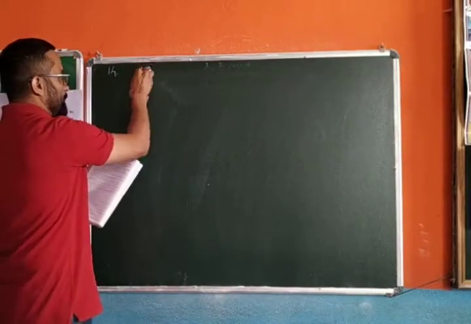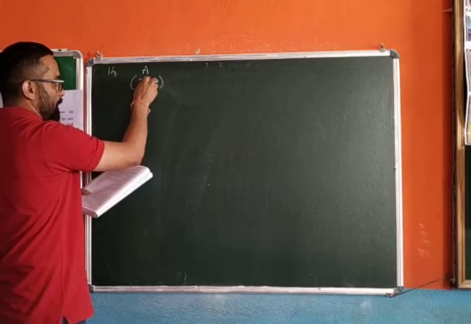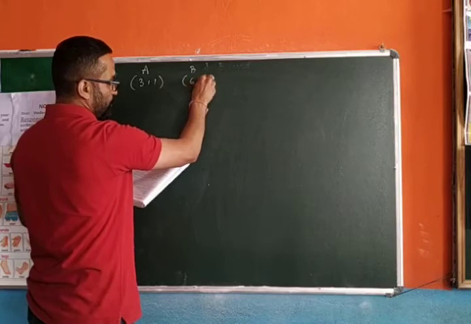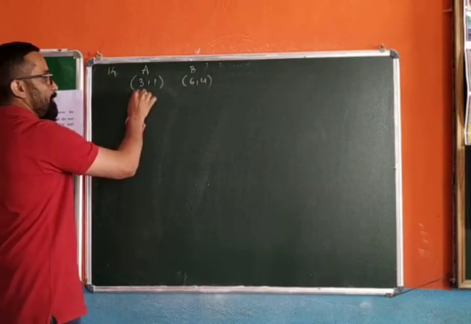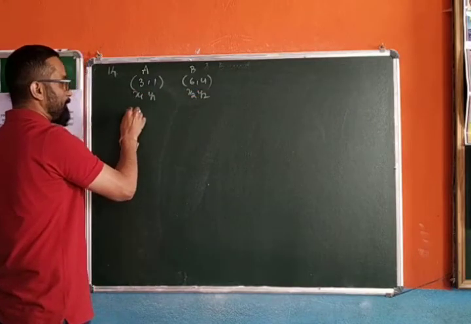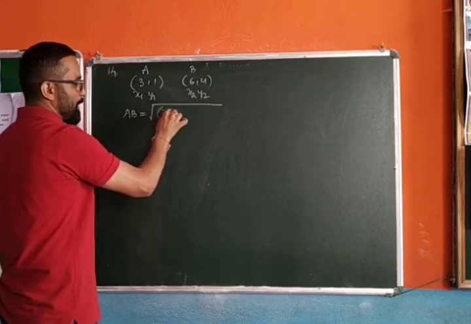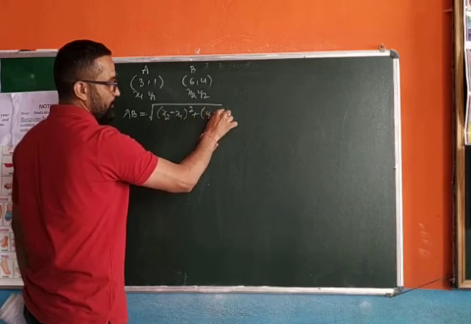First we write AB. Coordinate of A is 3, 1. Coordinate of B is 6, 4. We find the distance between AB first. x1, y1, x2, y2. We calculate AB. Root x2 minus x1 whole square plus y2 minus y1 whole square.